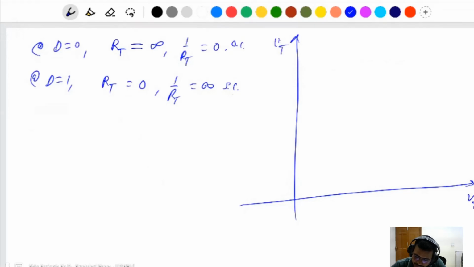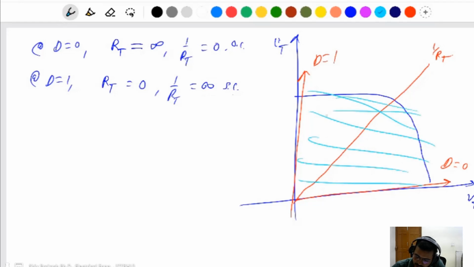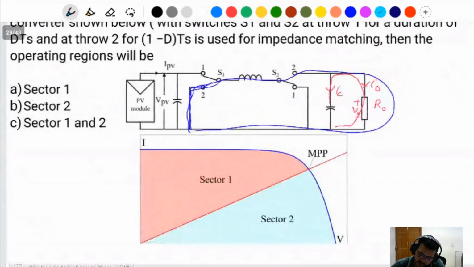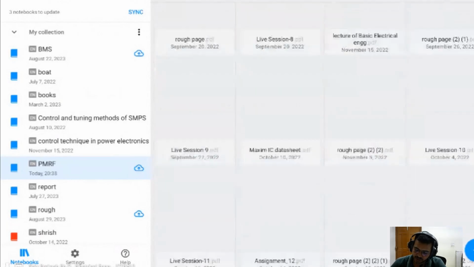VPV, this will be IPV. So the maximum power line is where the open side is D equal to 0, and this line is for D equal to 1, and the whole region will be in operation. This is sector 1, this one sector 2, and sectors 1 and 2 both come into the operating region. What is the operating region? Both sector 1 and sector 2. This looks like a buck-boost converter.